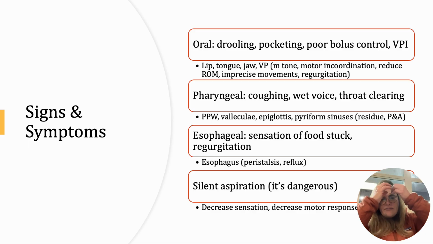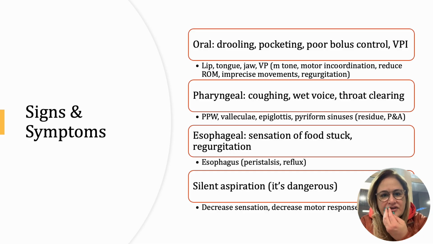This is just an example of when you think about a client and you're looking, okay, there's drooling, there's pocketing. Anyone can do that. I tell my students, someone who doesn't know anything about dysphagia sees saliva coming out, oh, you're drooling. So that's good for you to be able to say it, but I need you to understand why they are drooling. They're drooling because their lip closure is not good, the orbicularis oris is not working, then which cranial nerve is innervating that.